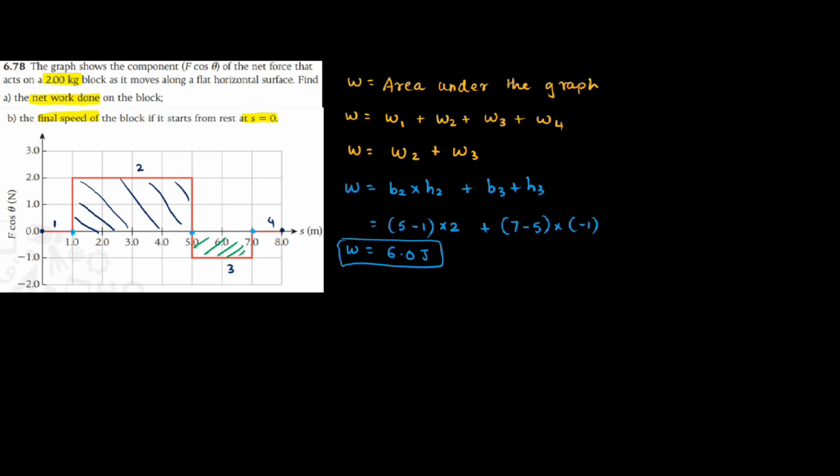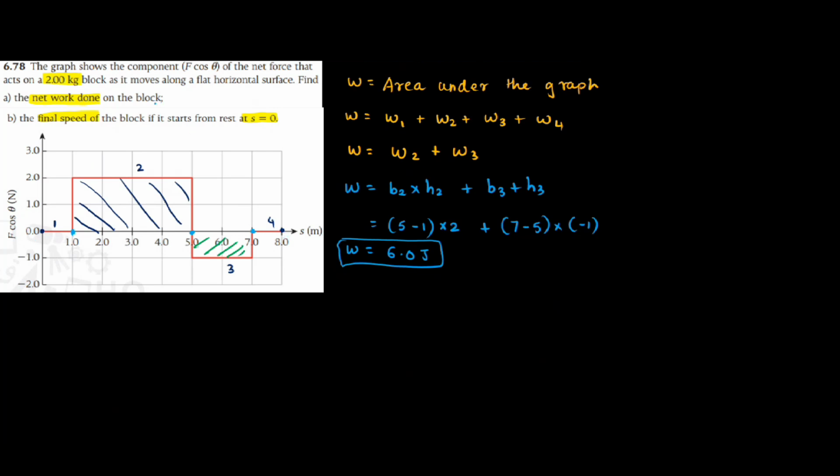So anytime they give you a force displacement graph and they ask you to find the work done, all you need to do is take the area under the graph. And this area must be in the region that they specify, only the region that they specify. Since in this question they asked me to find the net work, I took the whole region starting from 0 going until 8.